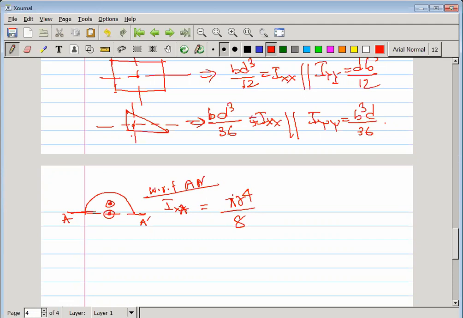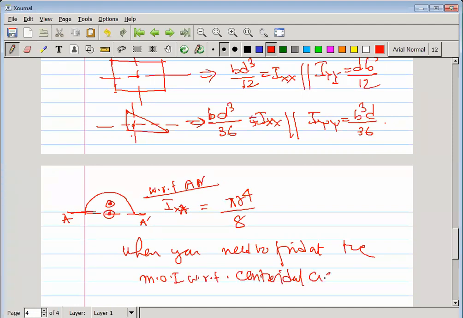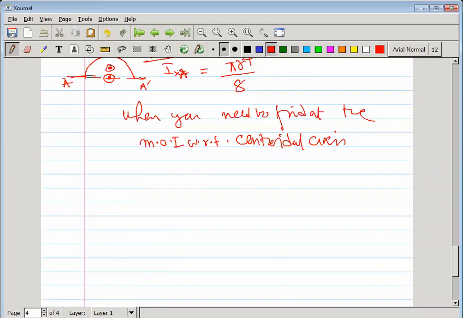Which means when you need to find the moment of inertia with respect to the centroidal axis, remember this is very, very important, with respect to the centroidal axis you have to apply the parallel axis theorem.